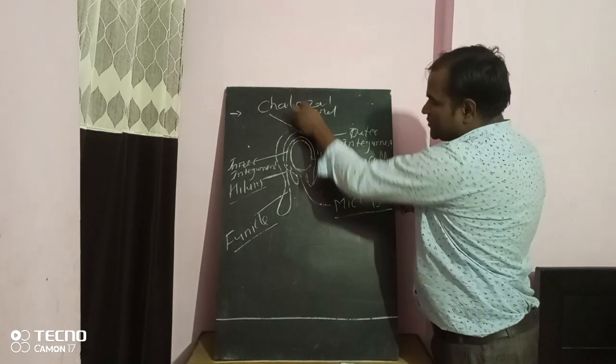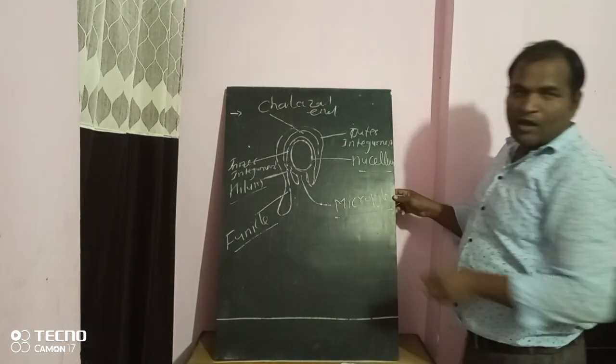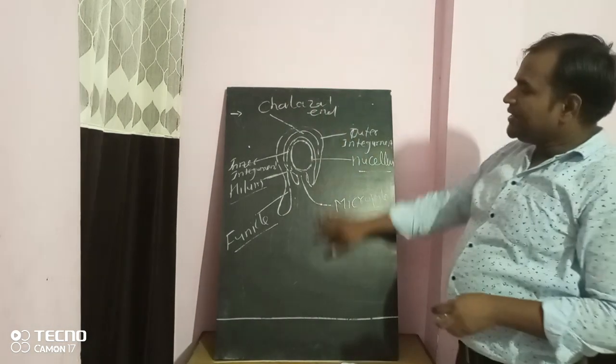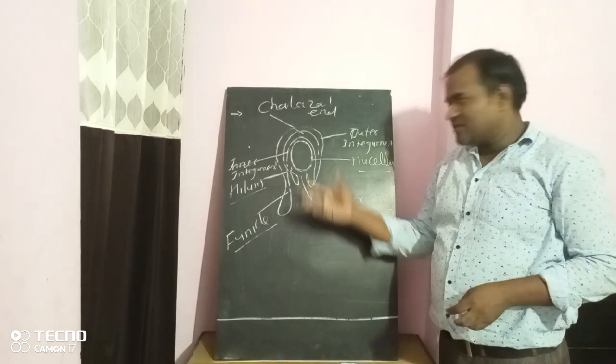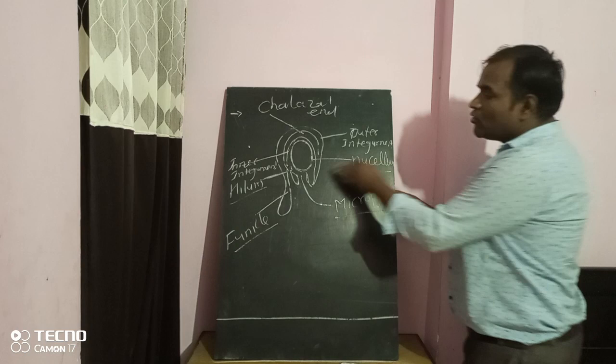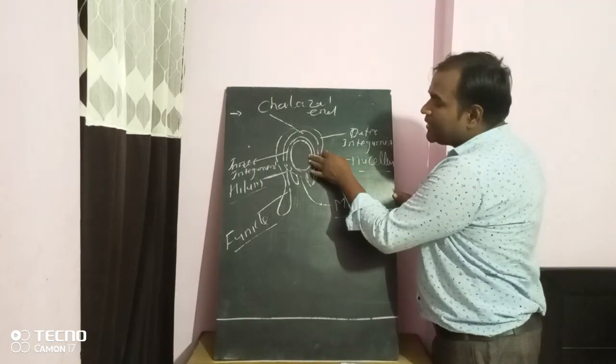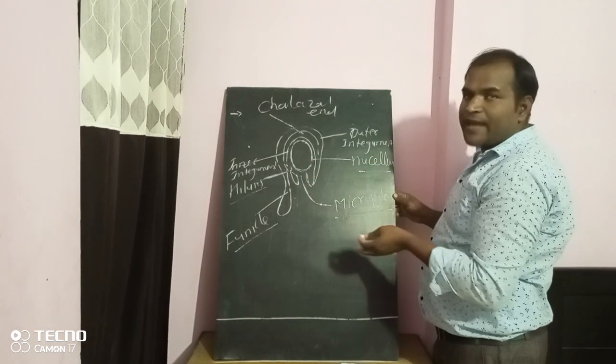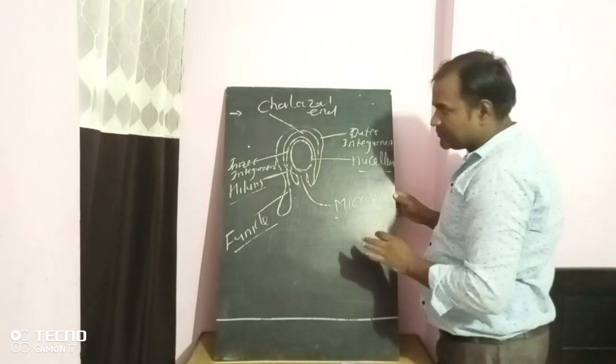So you see that the two ends of the ovule are in totally opposite directions. This kind of ovule is called an anatropous ovule. In this ovule, the body makes an acute angle with the funicle.